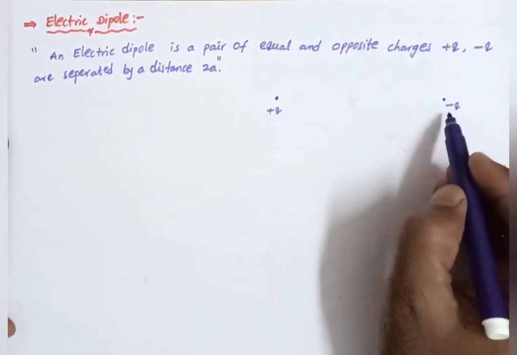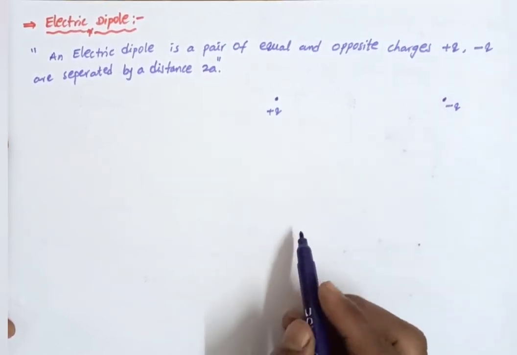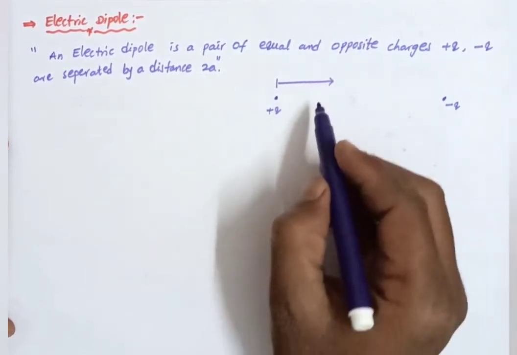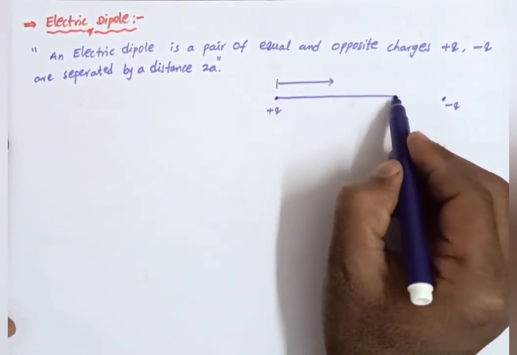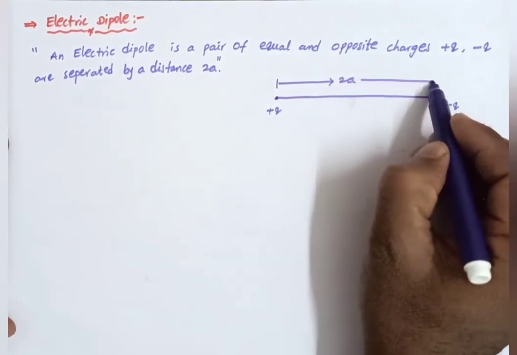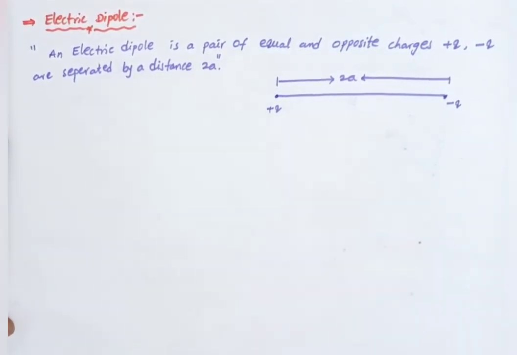Plus q and minus q are the point charges. These point charges are separated at a distance 2a, and this is called the electric dipole.